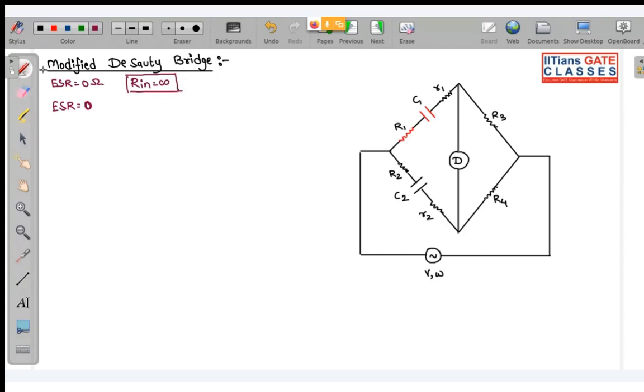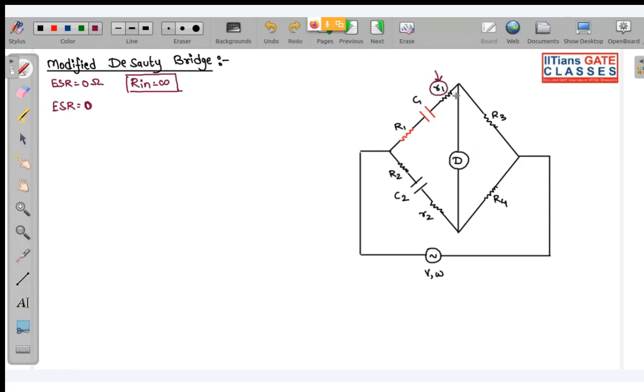So the only expectation we have is from this equivalent series resistance. It is also very, very small, milliohm, but sometimes even in the micro ohm region. So at that time we have this provision of R1 in the circuit. We can vary this R1 so that the capacitance has some amount of resistance, and we already know this value of R1. So we can determine C1.